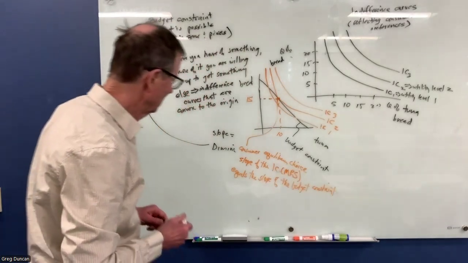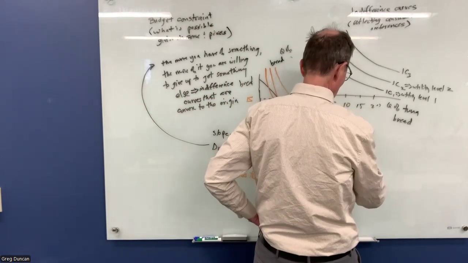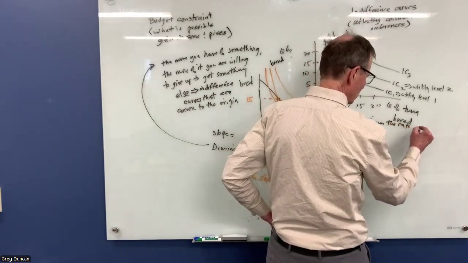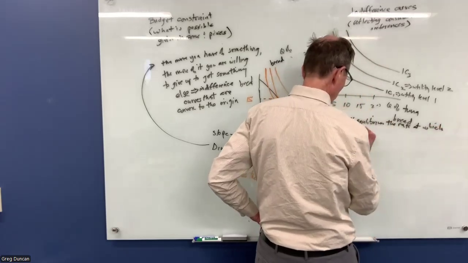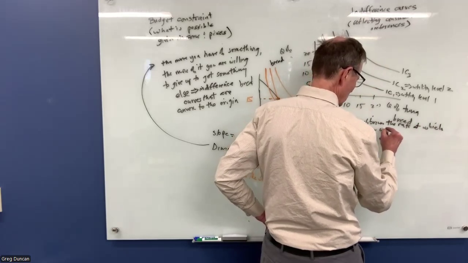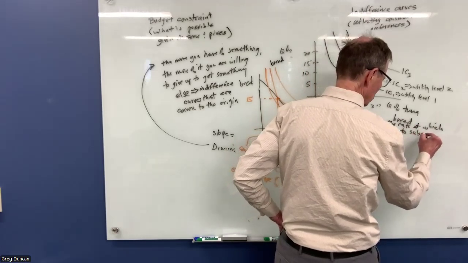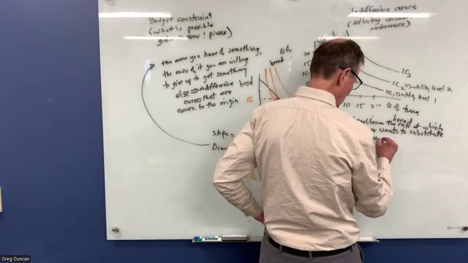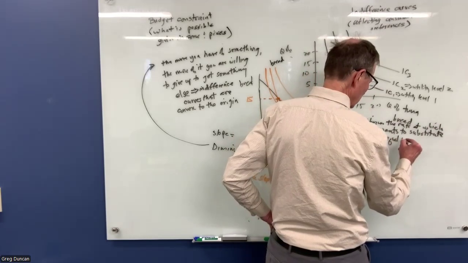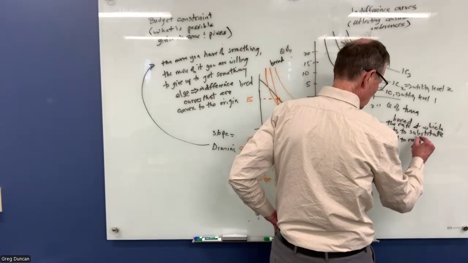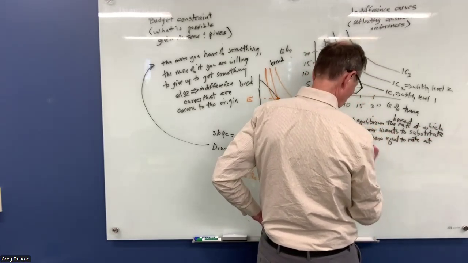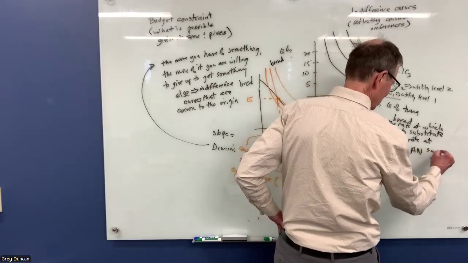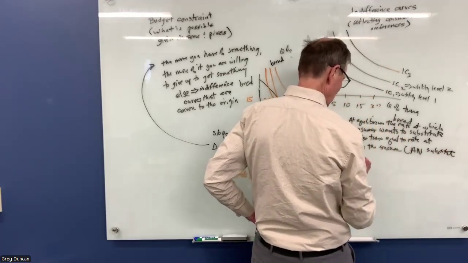Another way of thinking about this is that at equilibrium, the rate at which a consumer wants to substitute bread for tuna, in this case, is exactly equal to the rate at which the consumer can substitute bread for tuna.